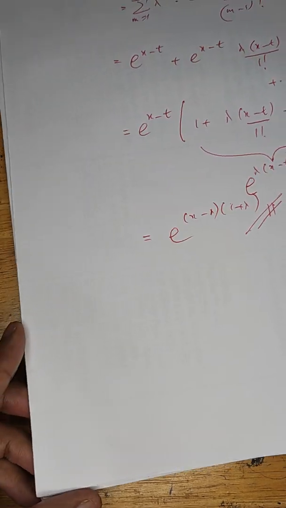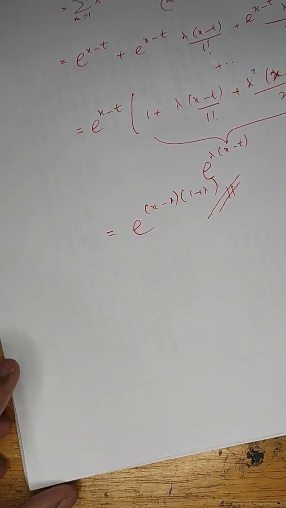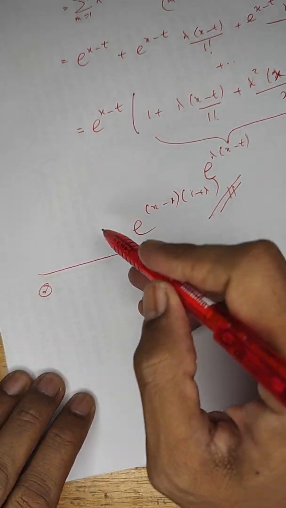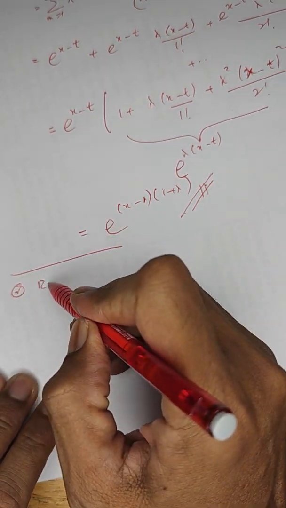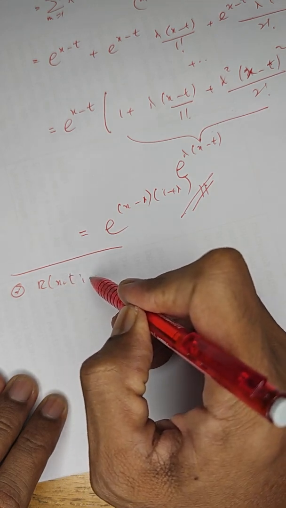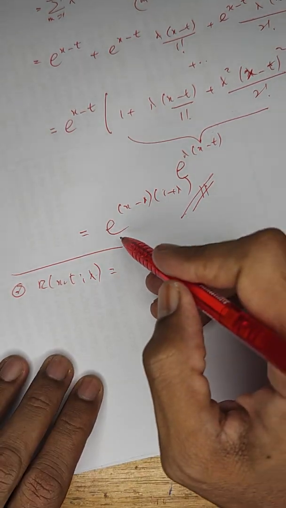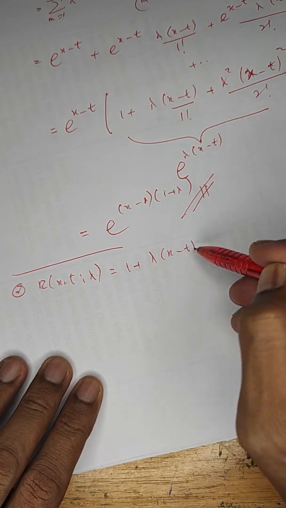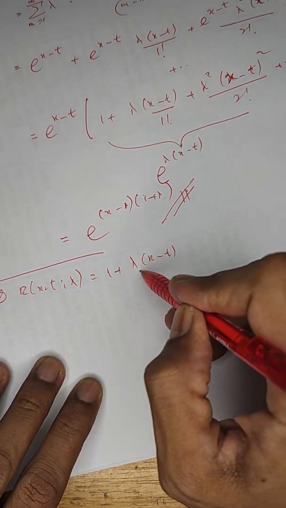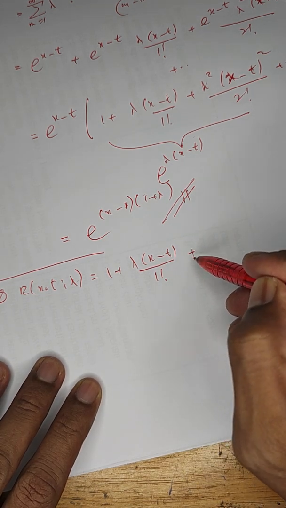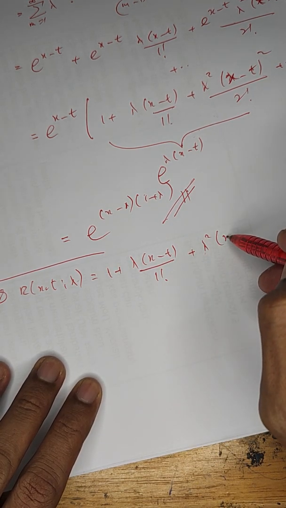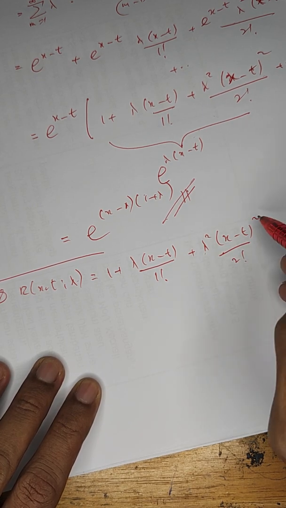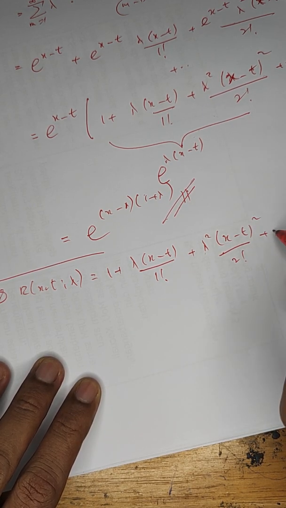Okay, for question number 2, I give you the solution. R(x, t, lambda) is given as 1 plus lambda (x minus t) over 1 factorial plus lambda squared (x minus t) squared over 2 factorial and so on.